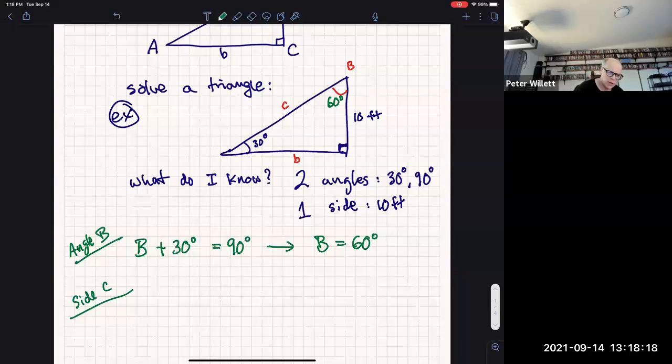So I'm going to put in the rest of some of these labels here.